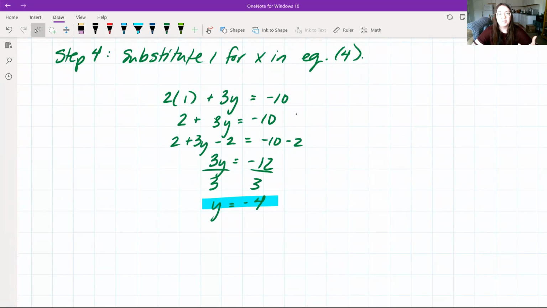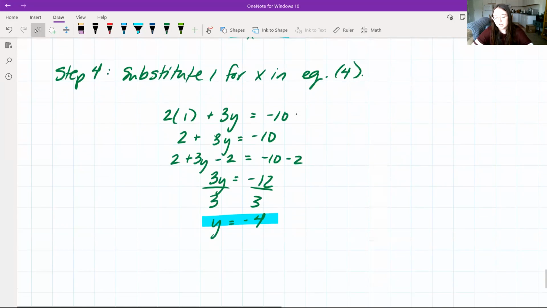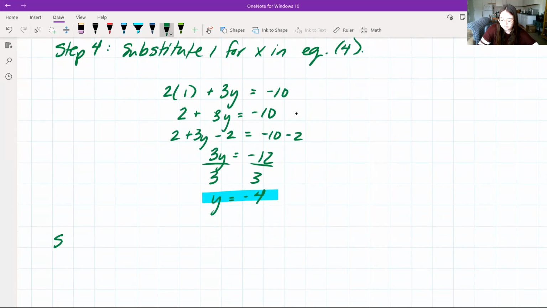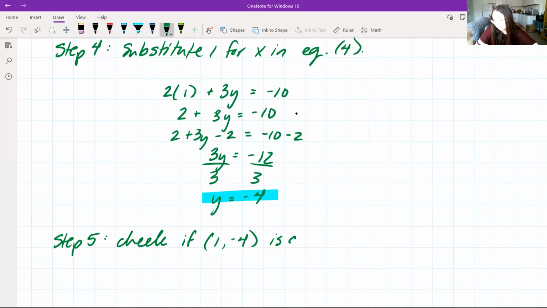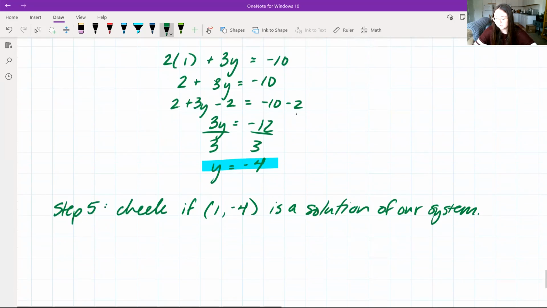So now we've solved for both variables. We got that x was equal to 1 and y was equal to negative 4. And now step 5, we just want to make sure that this is correct. So now we check if 1, negative 4 is a solution of our system. And when we want to check if it's a solution of our system, we have to check the original.